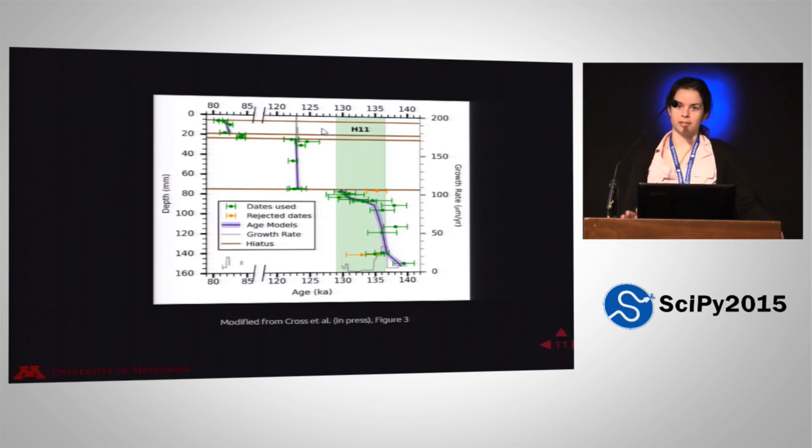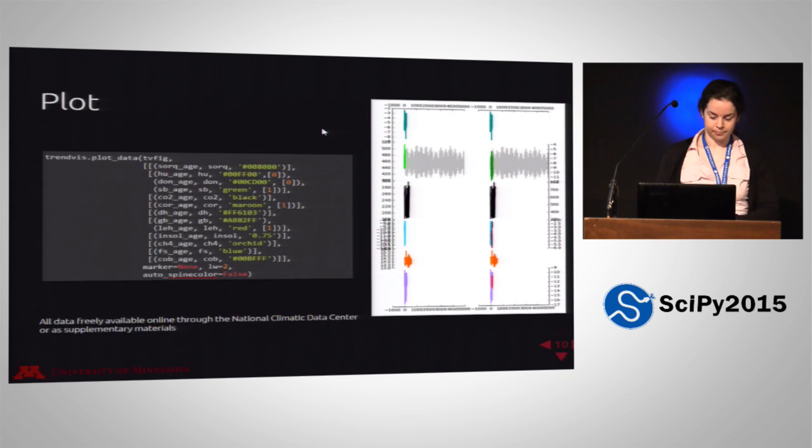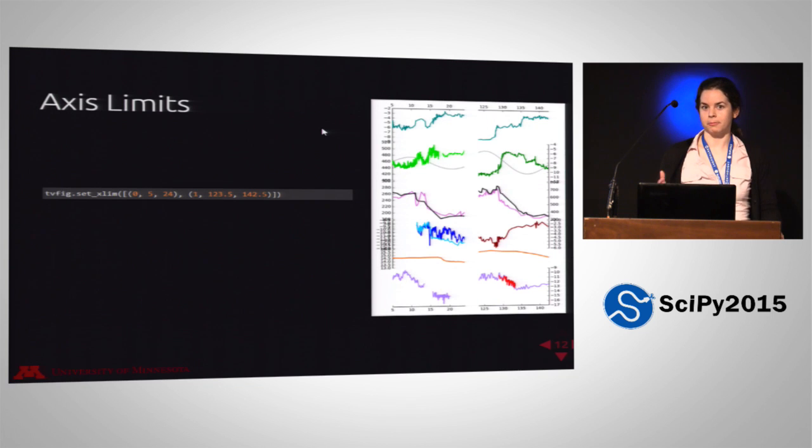So really, as long as you can access the axes, which TrendVis in total provides 3 methods for doing so, you can do any sort of plot that you like on this TrendVis figure. And I'll talk about how we access those axes as we come up against those features.